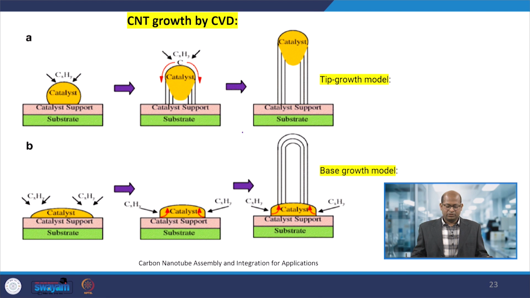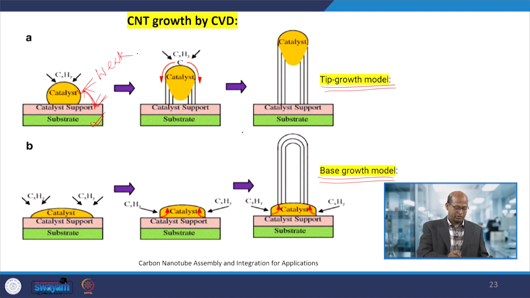Here the tip growth mechanism is shown, and here the base growth model. This is the catalyst, this is the support, and this is the substrate. Over the substrate you put the catalyst and support. In tip growth, the catalyst and support interaction is weak.